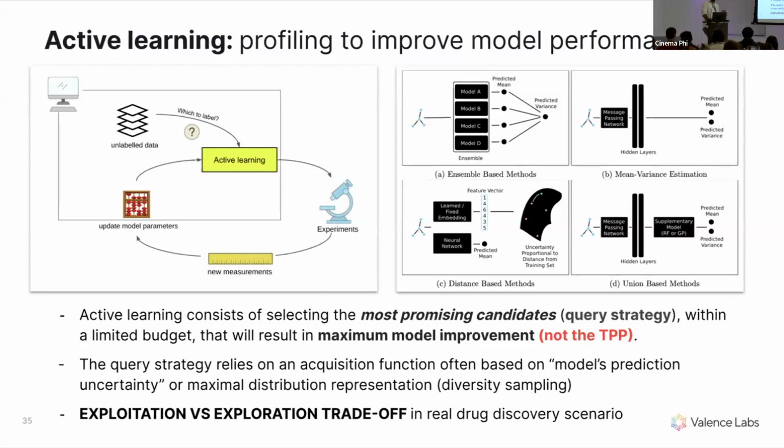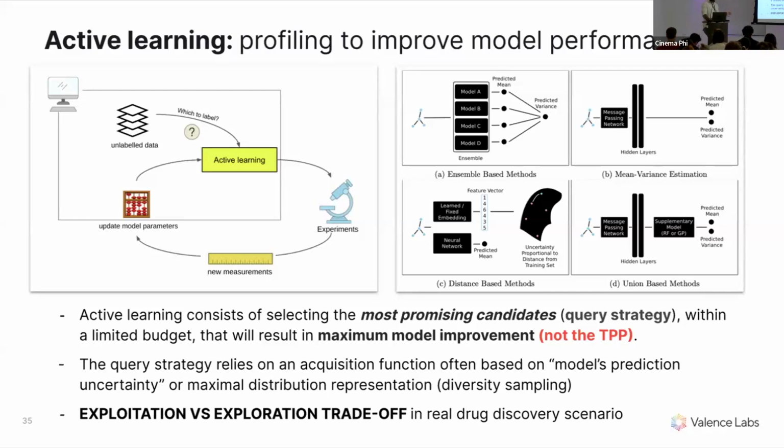This is the idea of active learning, where at each step of profiling, you select compounds that will bring the most information to your model, so that your model is able to generalize better. Rather than selecting compounds that maximize your property of interest, you want to select compounds where, when you get the profiling results, you will improve the model.